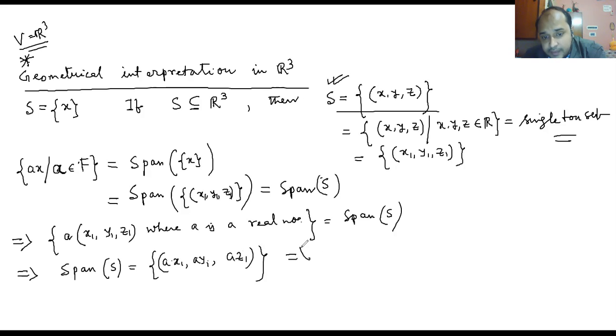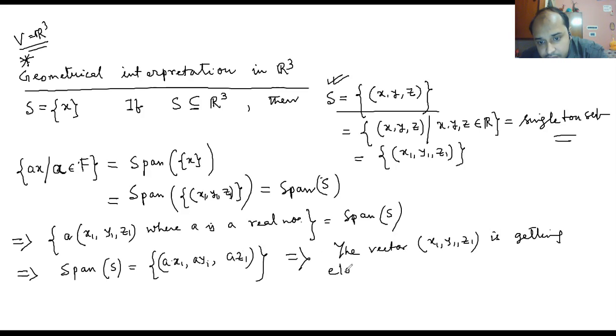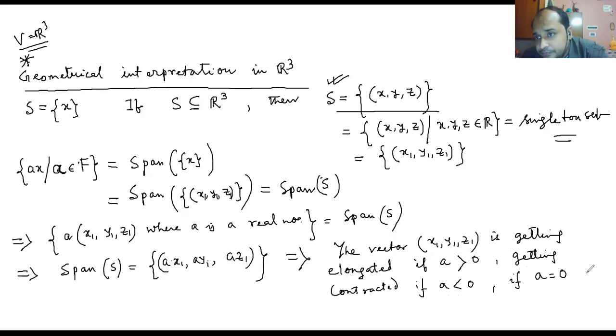So it geometrically represents that your vector x1, y1, z1 is getting elongated if a is greater than 0, getting contracted if a is less than 0, and if a is equal to 0, then this represents the origin point.